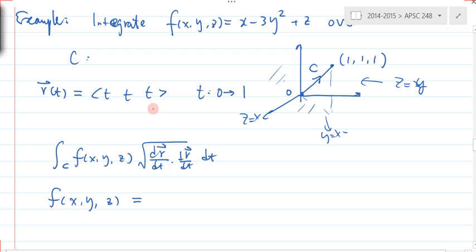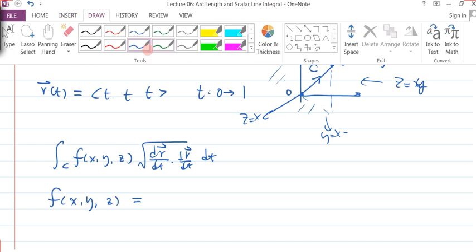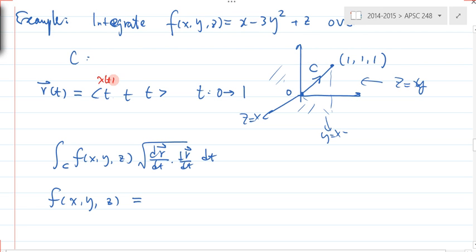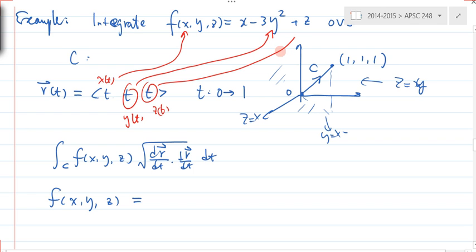So you have to know what you are replacing. This is x of t, that's moved here. This is y of t, that's replaced here, and this is z of t, and that goes for this one here.